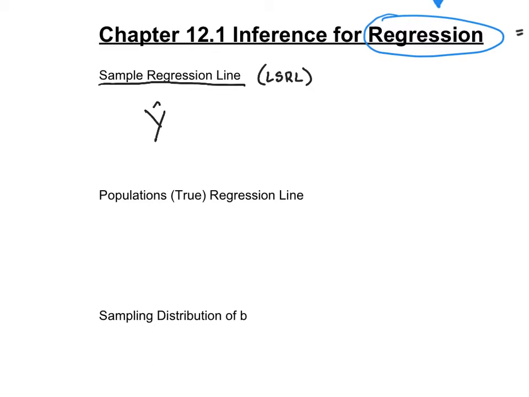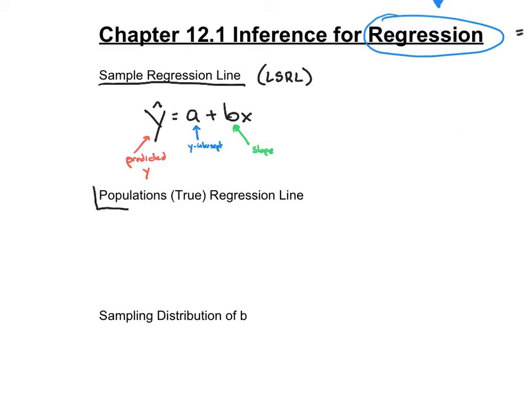We would write it y hat equals a plus bx, where y hat is my predicted y value, a is the y-intercept, and this b right here is the slope of that regression line, right? So this is what we did, and then we'd use that. We'd make predictions, we'd find residuals, we'd do things like that, right? So that's what it is.